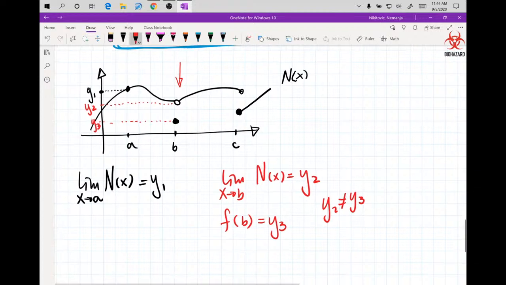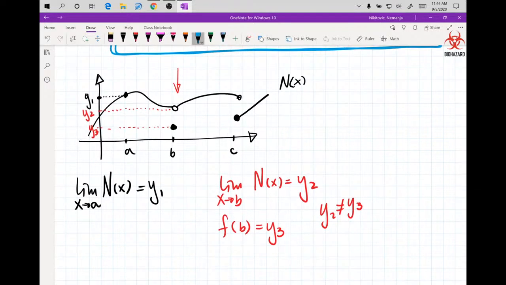And finally, we have the situation over here where we ask about the limit of x approaching c of n of x, and we see it does not exist, right? That's what we had before, because your function from the left is going to be on top, the function from the right is going to be on the bottom.